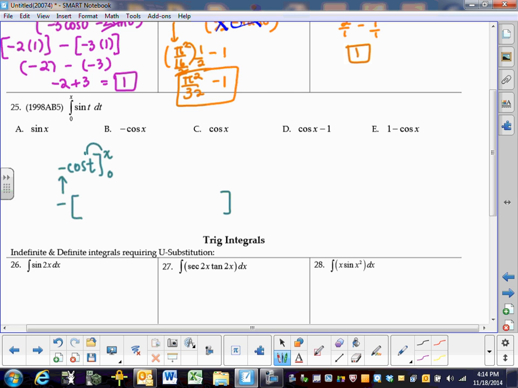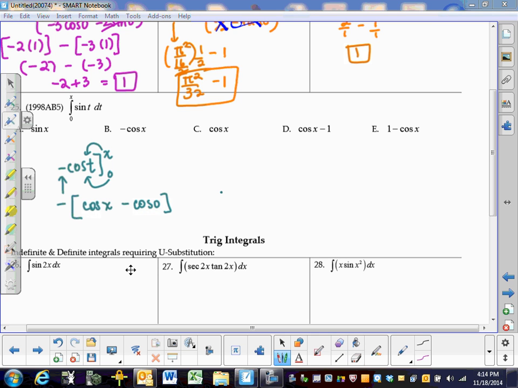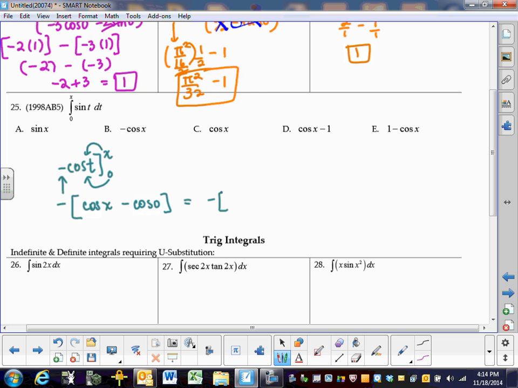So that now when I substitute in, I just have cosine of x minus cosine of 0. And I don't have to worry about, was it positive? Did I need to take a double negative because it was already negative? So now if I look at this, I have a negative on the outside, cosine of x minus 1. So that makes negative cosine x plus 1, or 1 minus cosine x.